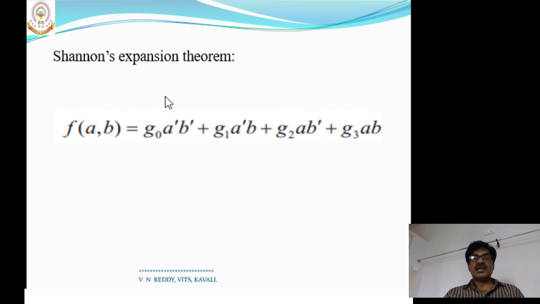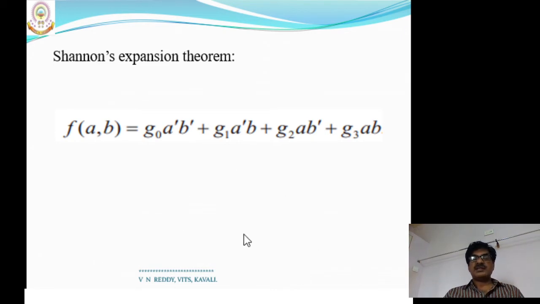The expansion is a' b' g0 plus a' b g1 plus a b' g2 plus a b g3. So 4 terms are there in the expansion theorem, because under two variables 4 possibilities are there. That's why you can expect 4 terms.